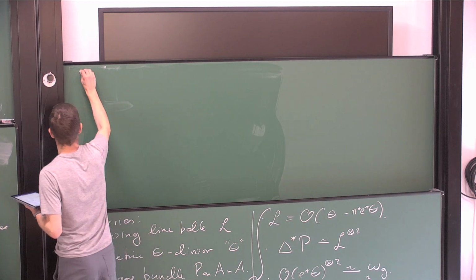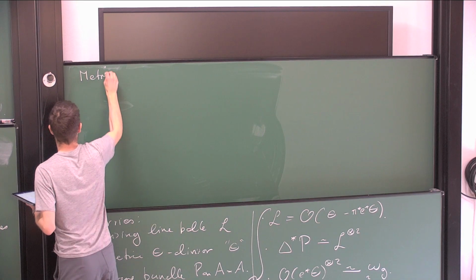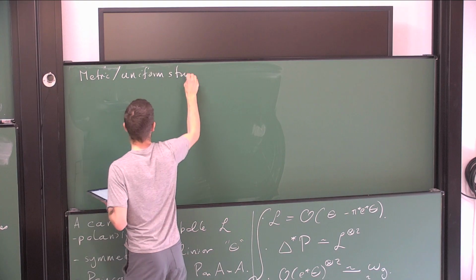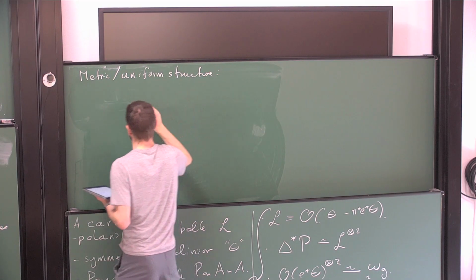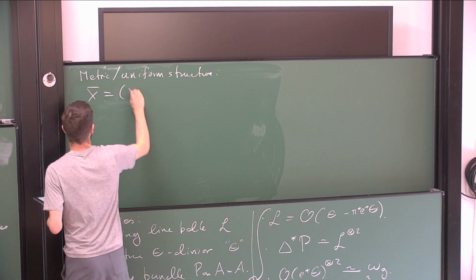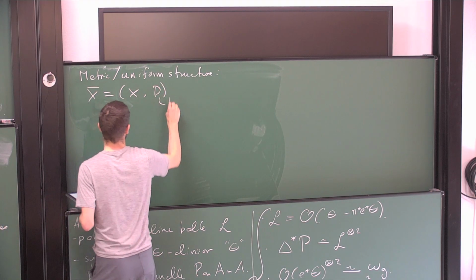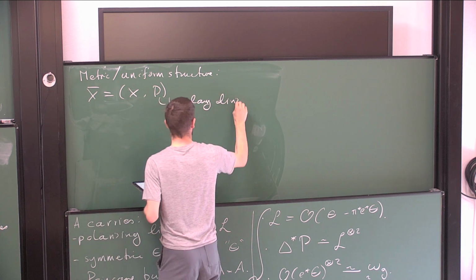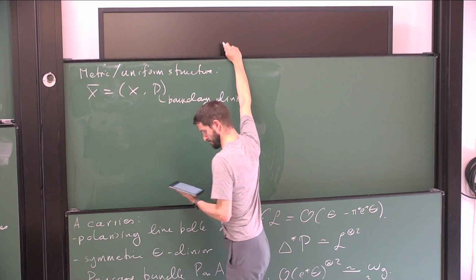So the metric, the uniform structure. So we have that our X bar is really, I think of as a pair of X bar and D, where this is a boundary divisor. So I really think of it as a toroidal or something guy.